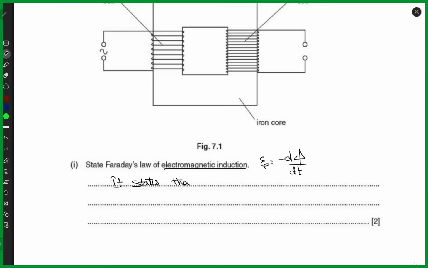It would go something like: it states that the induced EMF in a coil is directly proportional to the rate of change of magnetic flux.